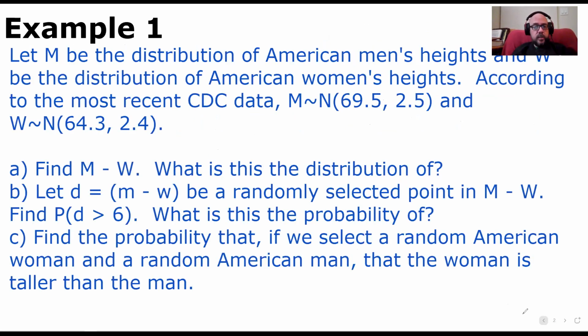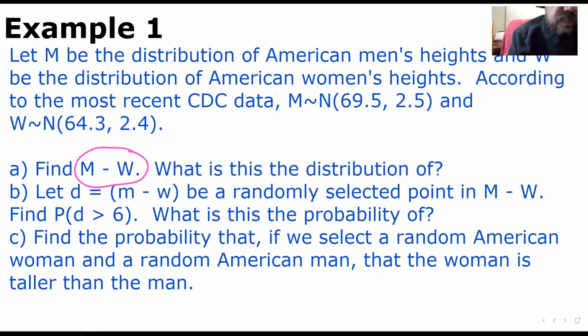Okay, let's see what B says. Let D equal m minus w. Just to be explicit here, I'm using capital letters to mean names of distributions. So this is the name of a distribution, this is the name of a distribution. I actually probably should have put parentheses around this, but this right here is one distribution, right?